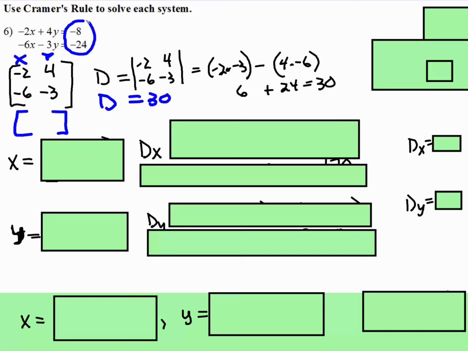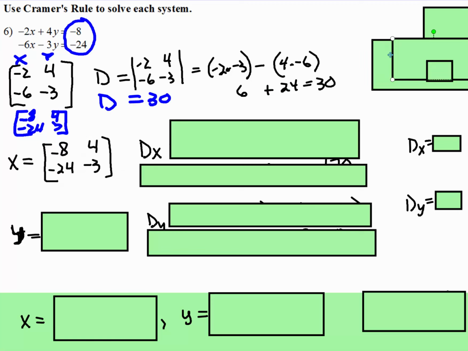Instead of the X column, you're going to replace the X column with the solution column. So that's -8, -24, and then you're going to leave the Y column as it is. So let's see if that's what I did here. Yep. Let me erase this now. So the solution set replaces the X, and the other column is the original.